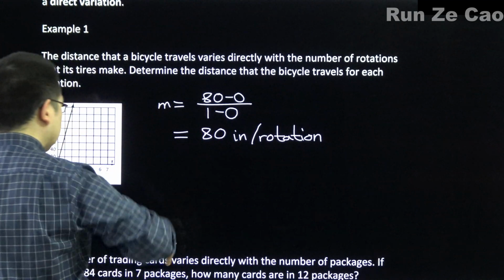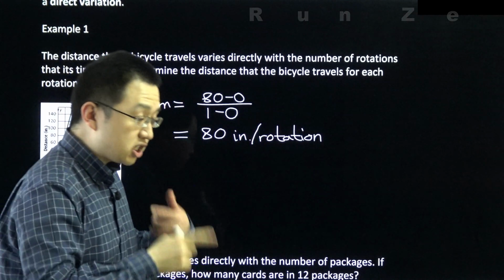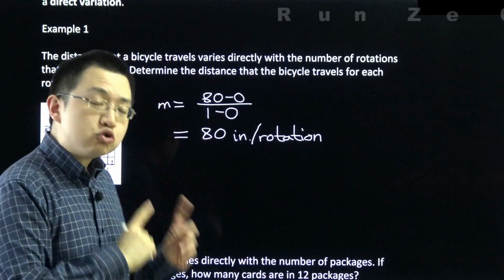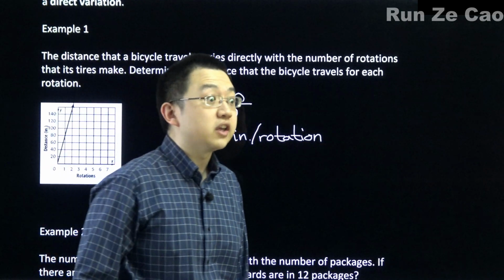Usually you will find that these rotations are given in revolutions. So it would be inches per rev, like REV.